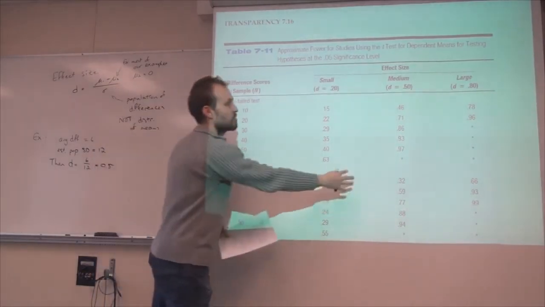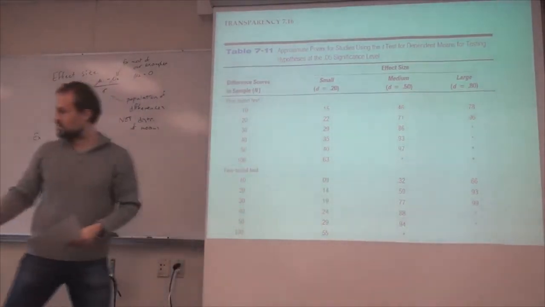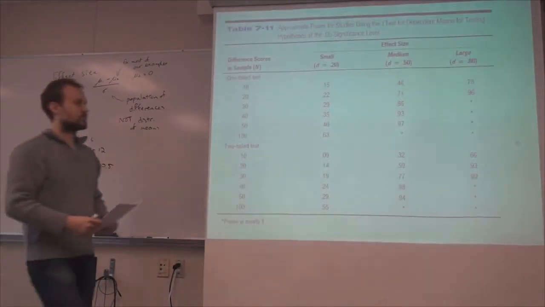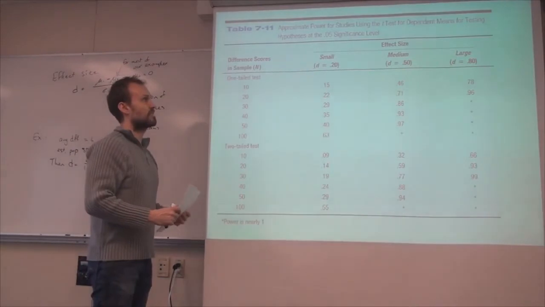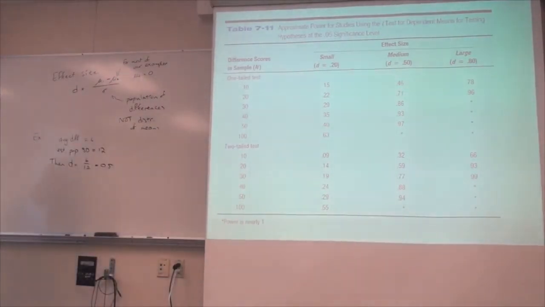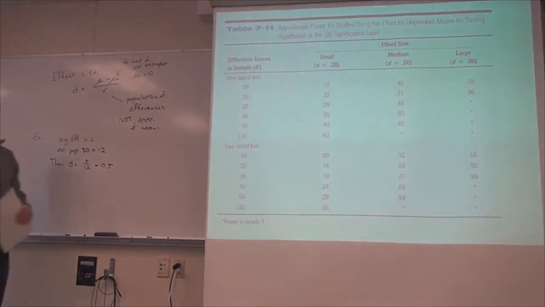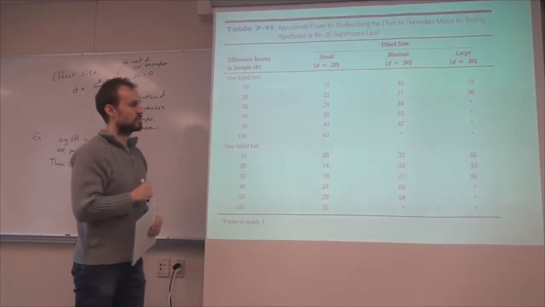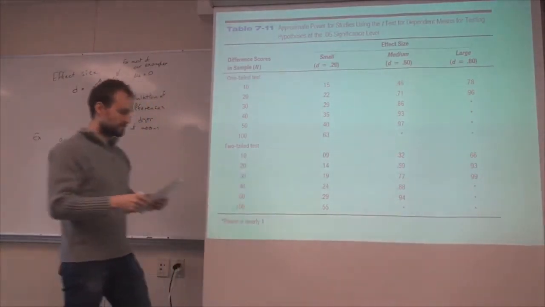That puts me somewhere close to some of these values, and I can estimate how much power I have in my study, and therefore the probability of making a type 2 error. It's just 100% minus the percentage here, or 1 minus its probability.